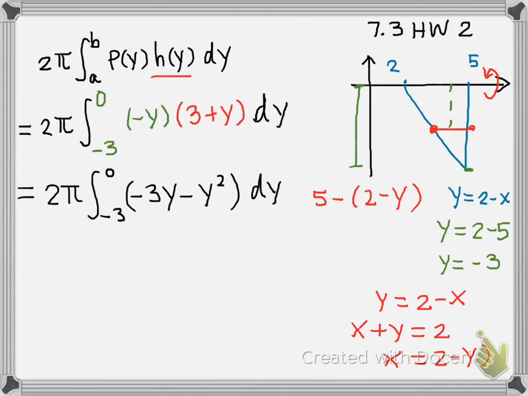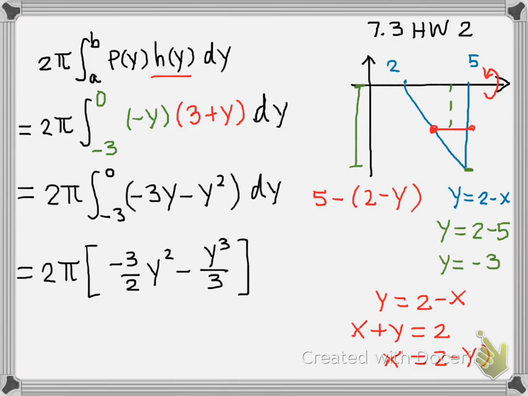The antiderivative is 2 pi times negative 3/2 y squared minus y to the third power divided by 3, evaluated from negative 3, so y equals negative 3, to y equals 0. So we plug in those numbers in your calculator and we should get the answer 9 pi.